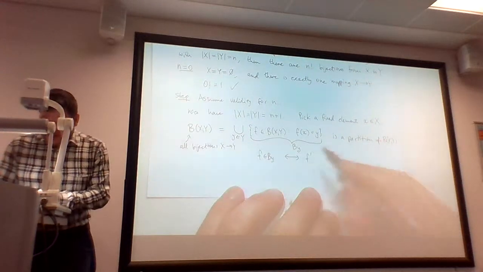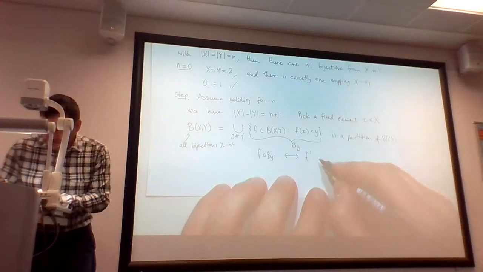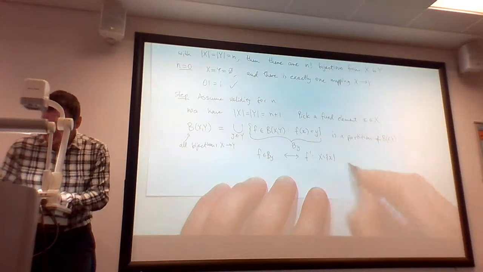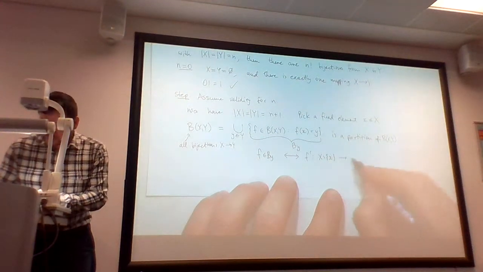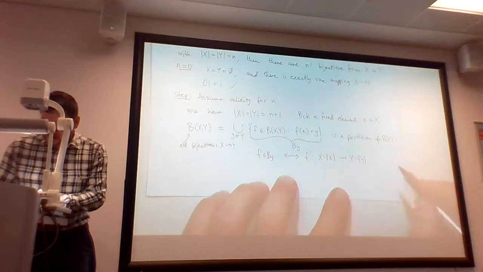You can have f dashed, which goes from x remove little x, to y remove little y, and it's a bijection.